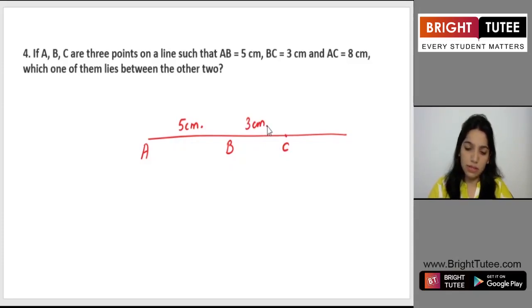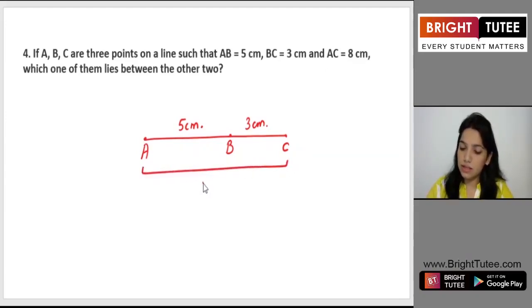Okay, so I don't basically need this part here, so I'll just draw it again. So this is my line segment. So this is point A, B and C. This part is 5, this part is 3 centimeters, and this complete length AC is 8 centimeters.